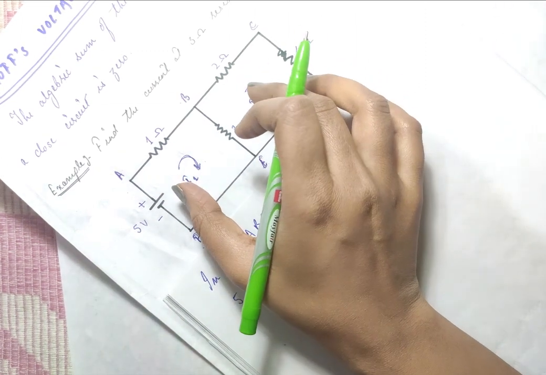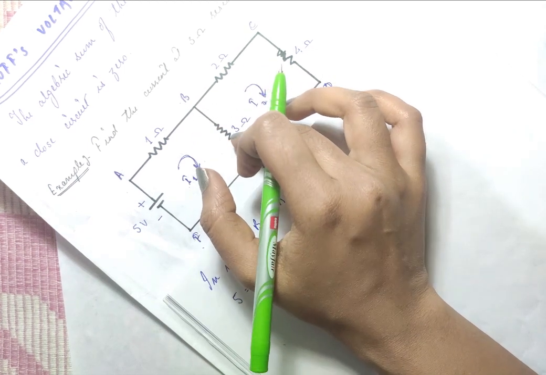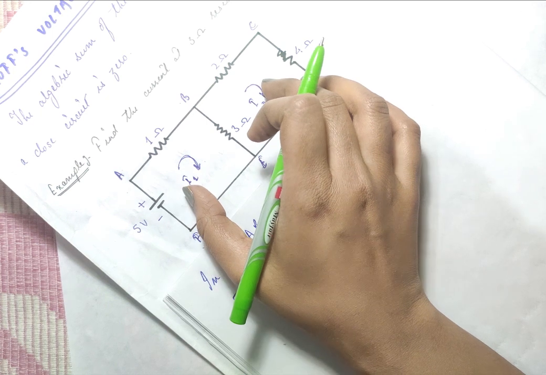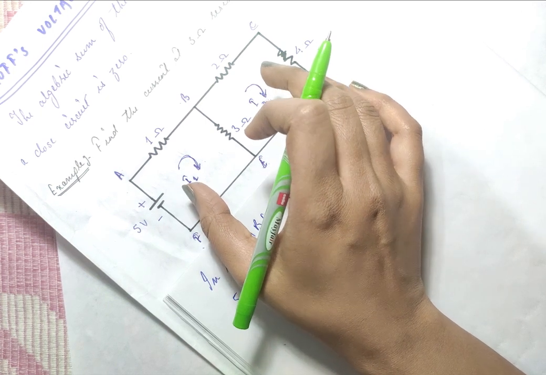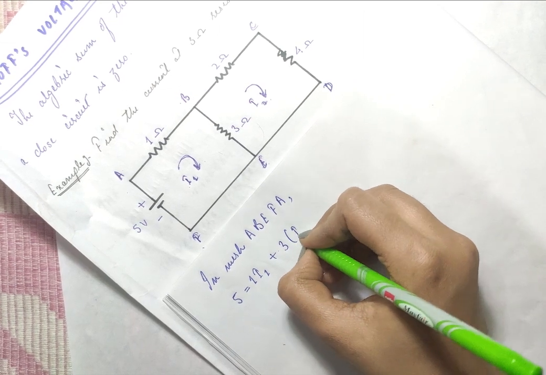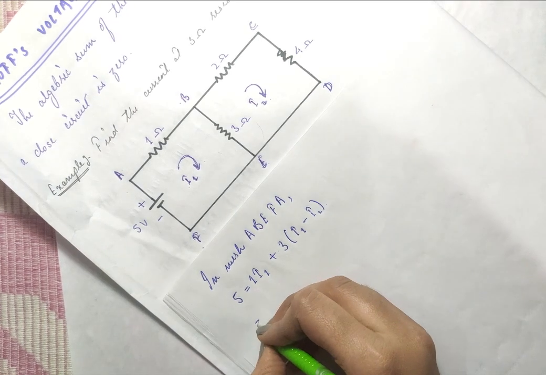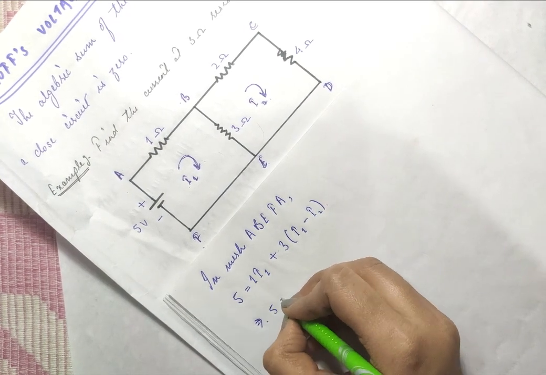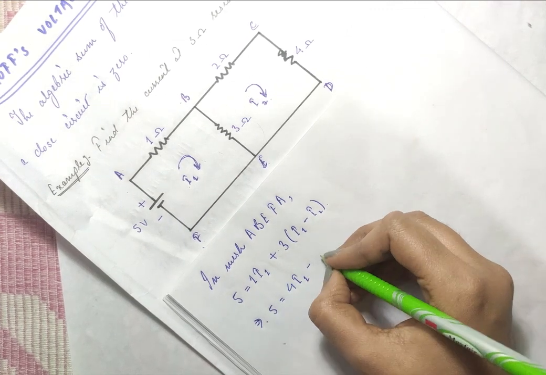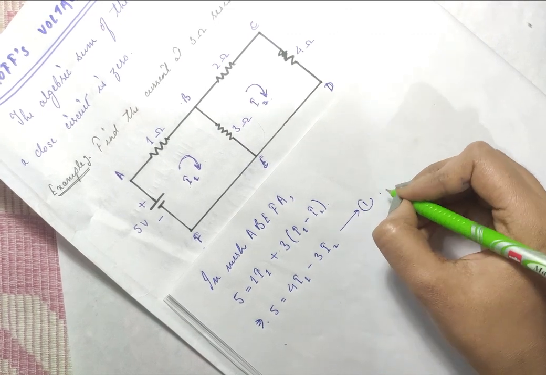Here, since both I1 and I2 are flowing through this 3 ohm resistance, and the directions of both currents are the same, we will consider it to be negative: 3 into (I1 minus I2). We will solve this and we will get 5 is equal to 4 I1 minus 3 I2. This is equation 1.